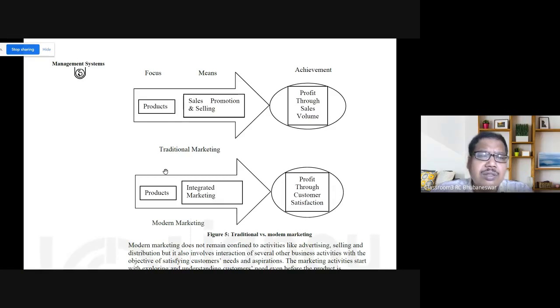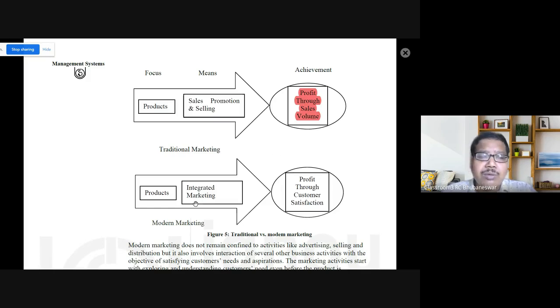We first go for the products to choose, then think about what sales promotions we can take, then find out the sales promotions or sellings. Profit can only come through sales volume. This is what we achieve by traditional marketing.